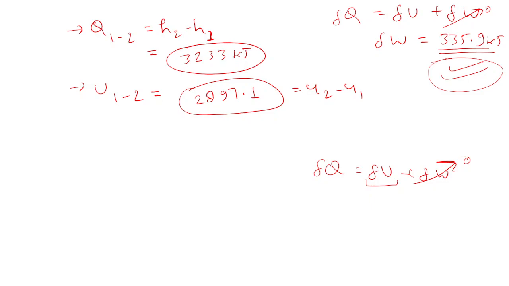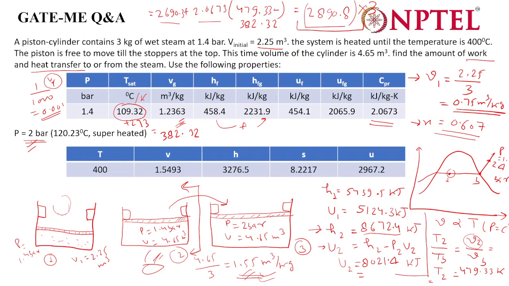Here they have provided 2 bar pressure, and the temperature is 400, meaning you have to reach 400 degrees Celsius right here. They have provided 400 and it is the superheated state, so something like this will be going here and it would be connecting here somewhere; this state is 3.